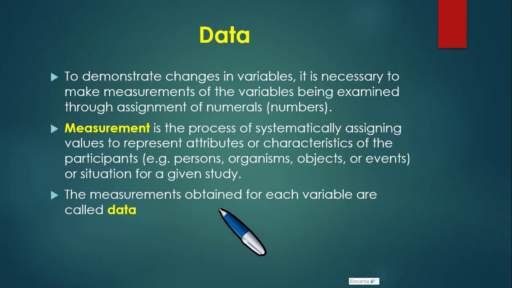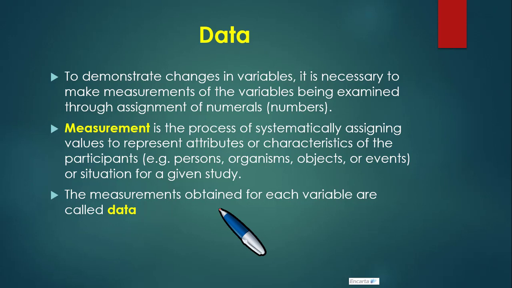Then, I think we have learned now what a variable is. The next thing is what is data. What are data? Because data is a plural of datum. To demonstrate changes in variables, it is necessary to make measurement of the variables being examined through assignment of numerals, that is numbers.